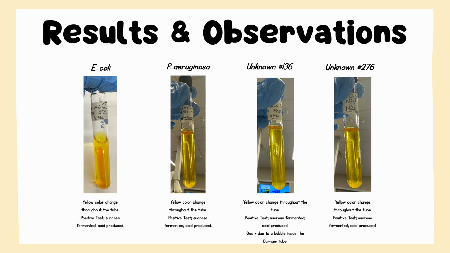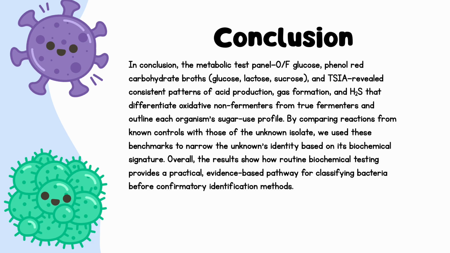In conclusion, the metabolic test panel for oxidative fermentation glucose, phenol red carbohydrate broths for glucose, lactose, and sucrose, and TSIA revealed consistent patterns of acid production, gas formation, and hydrogen sulfide that differentiate oxidative and non-fermenters from true fermenters and outline each organism's sugar use profile.